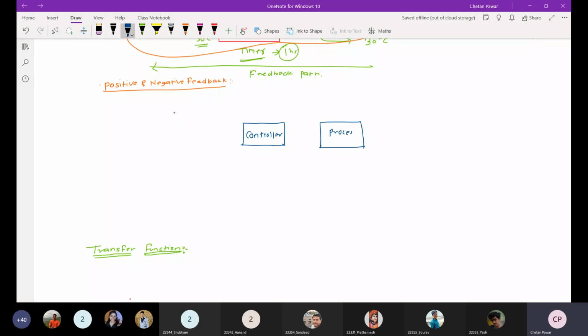So this is the process. Reference input, error signal, and we take a feedback. So this should be the feedback element.